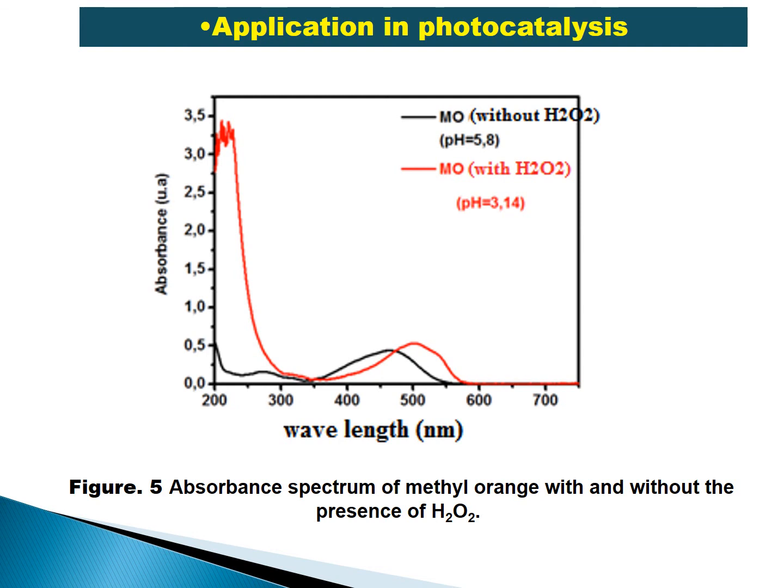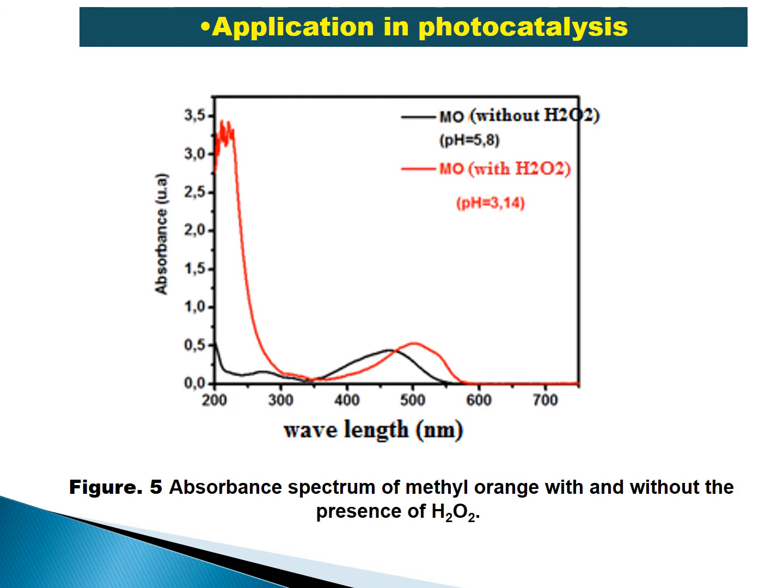The results obtained show in figure 5 the absorbance spectrum of methyl orange with and without the presence of H2O2. We can see in this figure the band in the 465 to 485 nanometer range in the visible region that is attributed to the azo form.